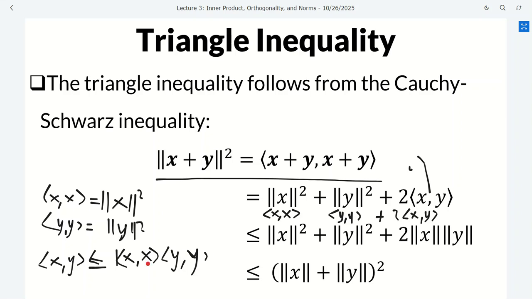So if we convert by looking at it, this will be replaced by using this. So the inner product of this has been replaced. So when we substitute using the Cauchy-Schwarz inequality, we end up getting this.